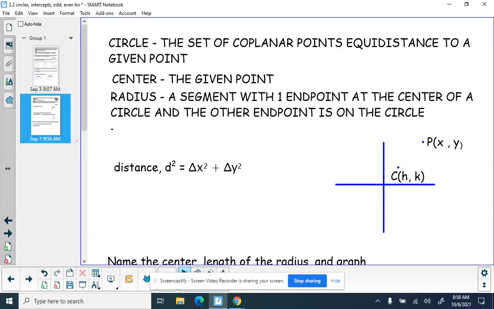So you have a center, which is the given point, and then the radius is a segment with one endpoint at the center of the circle and the other endpoint on the circle. And once again, this is by definition.